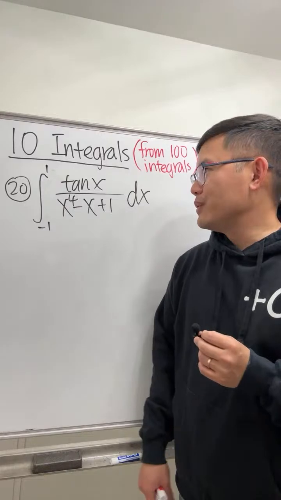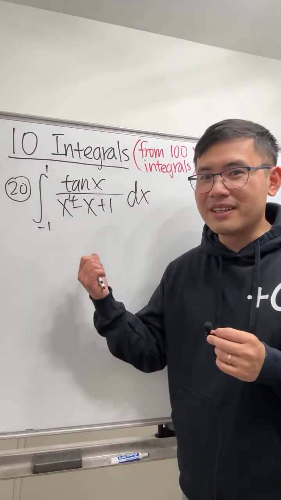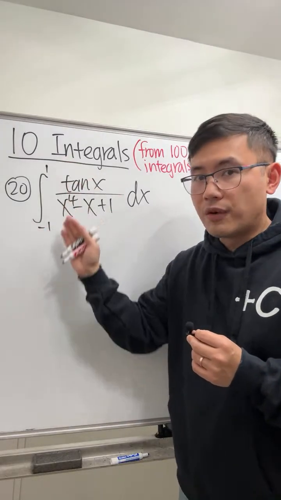So for this one, let's figure out what the answer is. It's an odd function. By the way though, this function is continuous from -1 to 1.